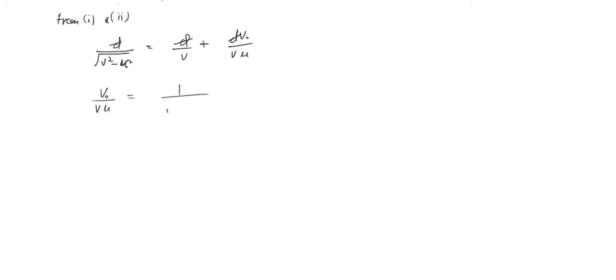1 by under root of V square minus V0 square minus 1 by V. We can write it as V minus under root of V square minus V0 square divided by V into under root of V square minus V0 square. Okay. Now V and V will get cancelled.